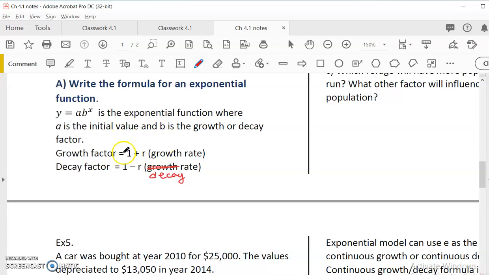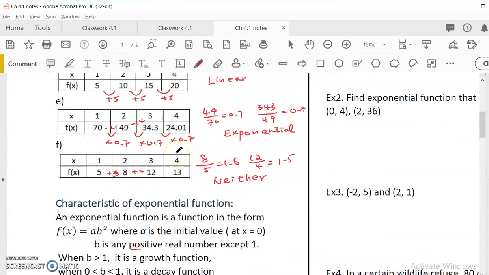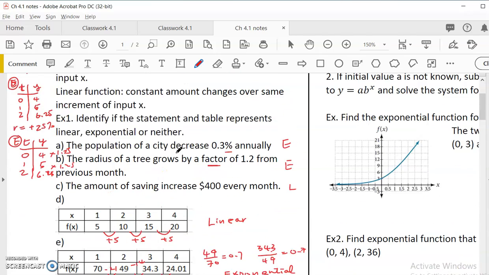So how do I do that? Actually the relationship is b is equal to 1 plus r if it's a growth, and b is equal to 1 minus r if it is a decay. So look back at the very beginning when I talked about this. The growth rate is 25%, so that's why my b is 1.25, right? It's 1.25. So this .25 after the 1 is the constant percentage change, percentage increase.